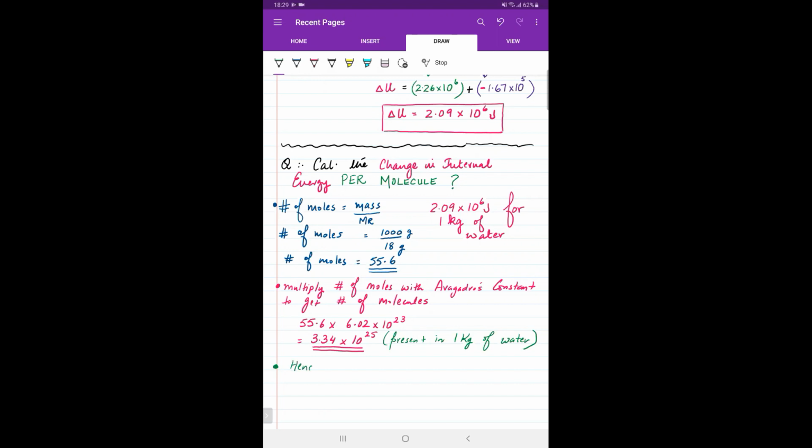Hence, change in internal energy per molecule will be the total result, which I believe was 2.09 times 10 to the power of 6 divided by the number of molecules of water present in a mass of 1 kilogram, 3.34 into 10 to the power of 25.